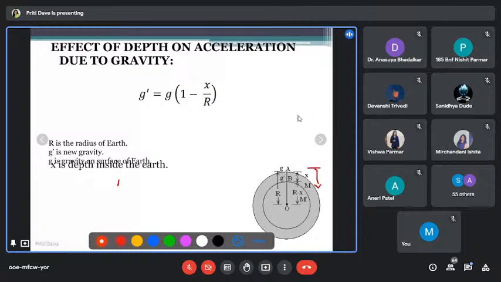Say, are you going 1 kilometer inside the surface of the earth, 2 kilometer inside the surface of the earth? Again here, most of the times you'll be using this equation.